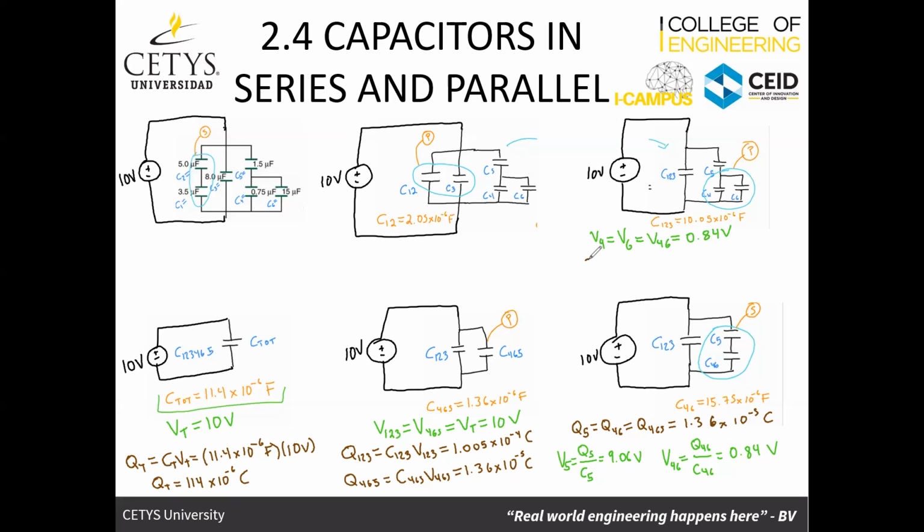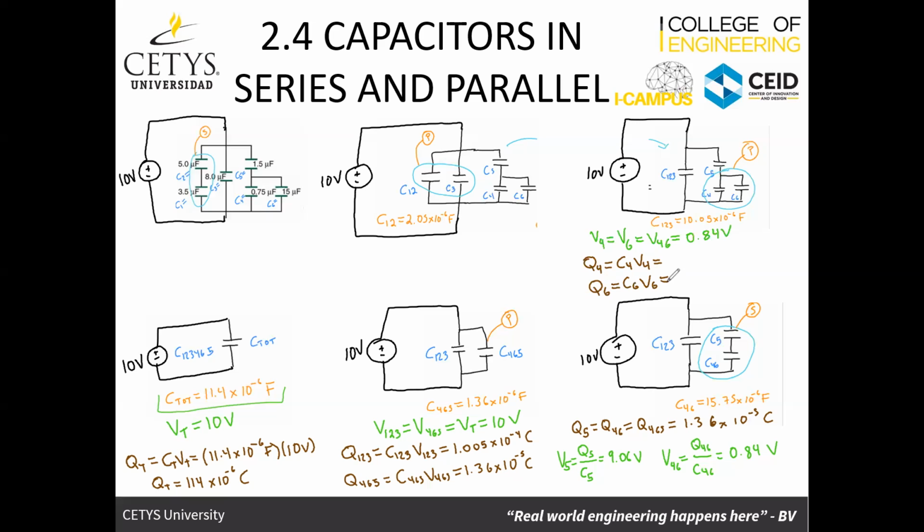So Q4 is going to be equal to capacitor 4 times voltage 4, and Q6 is going to be equal to capacitor 6 times voltage 6. So find those two values, please.